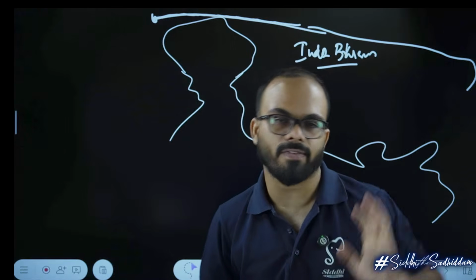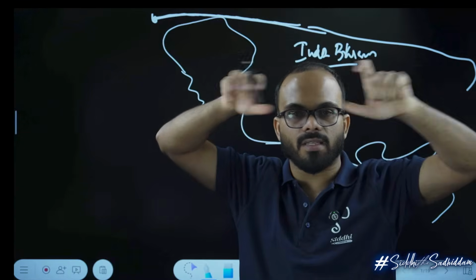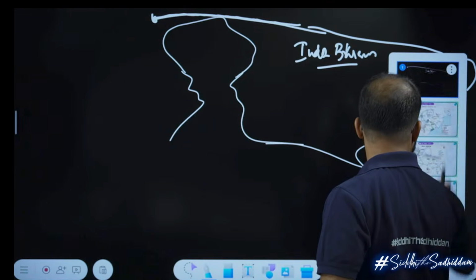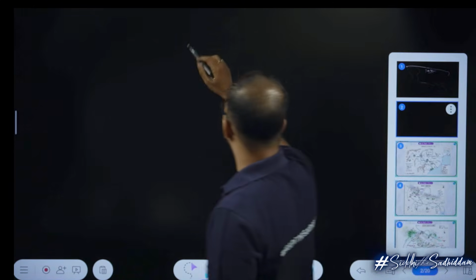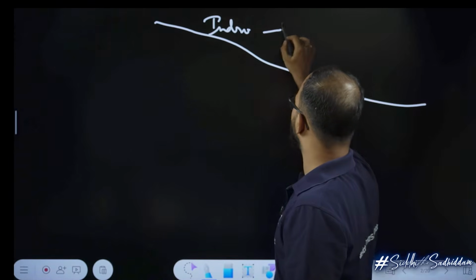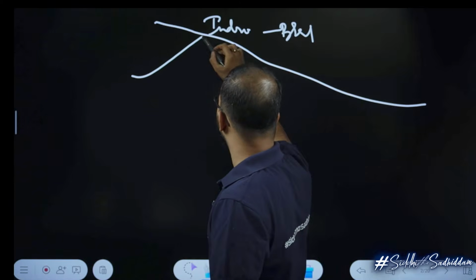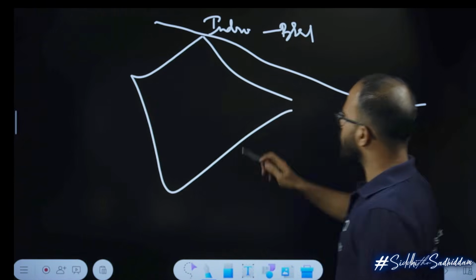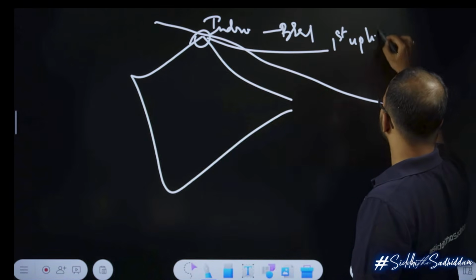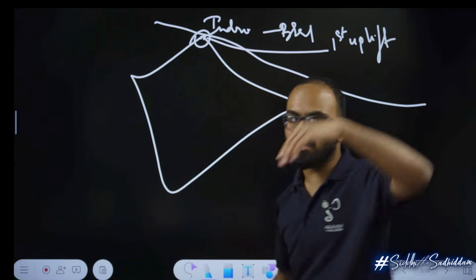So the India plate was traveling, moving around, and at that particular point of time on the Eurasian plate region, there was one single river. Let's say this is the Eurasian region, where you have Indo-Brahm as one kind of river system. Now when the India plate came and stuck with the Eurasian plate, in this region, when there was a first upliftment, one part of this river region rose above.